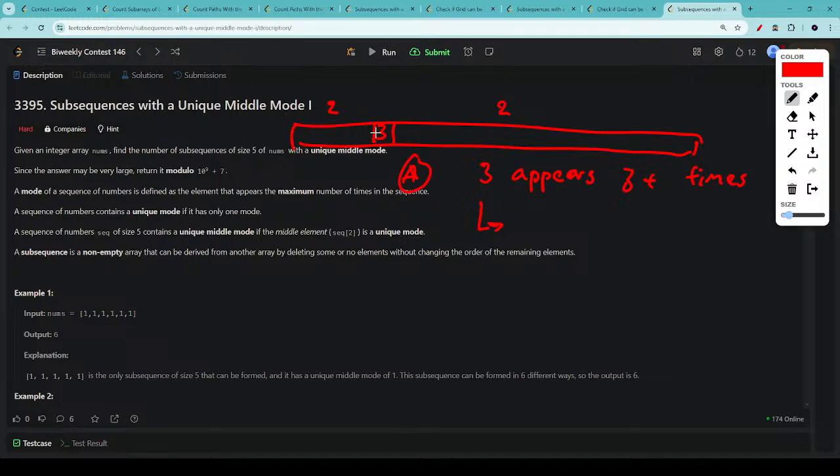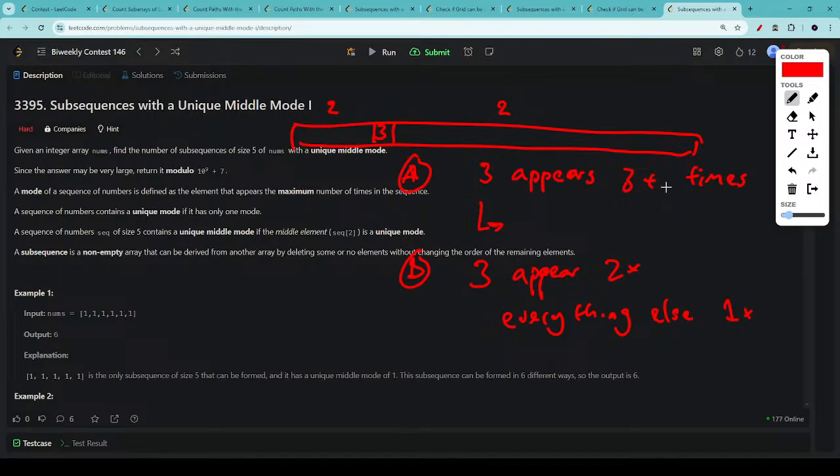Depending on how many times the number 3 appears, you calculate. If 3 appears 1 time, 2 times, 3 times, whatever. A, 3 appears 3 plus times out of these 4 numbers. Or B, 3 appears 2 times and everyone else one time. Okay? So if A, 3 appears 3 plus times, there are a few cases.